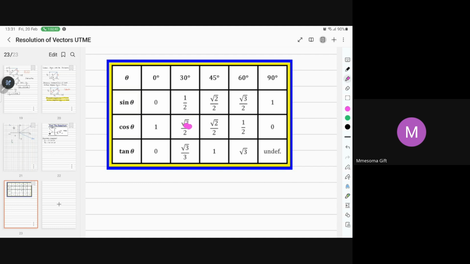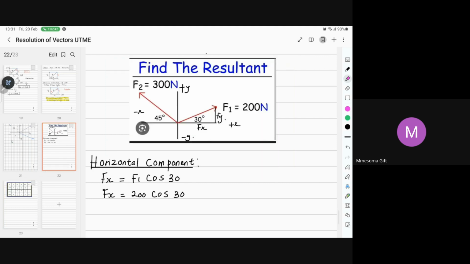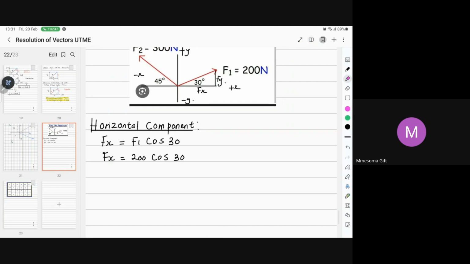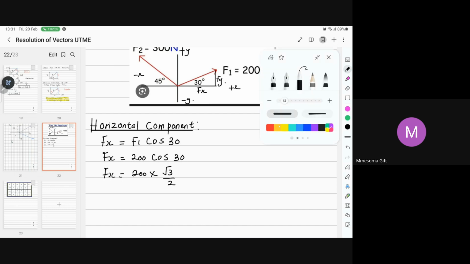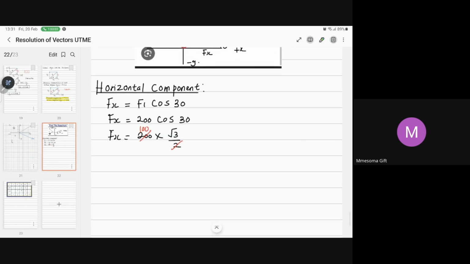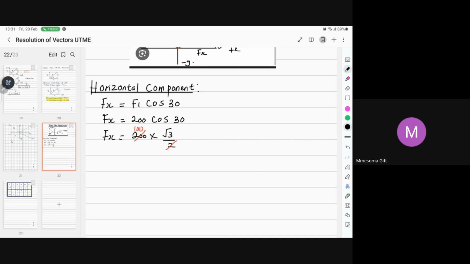So I plug in my value: Fx is equal to 200 times root 3 over 2. The 2 can cancel out to give us 100, so Fx is equal to 100 root 3.